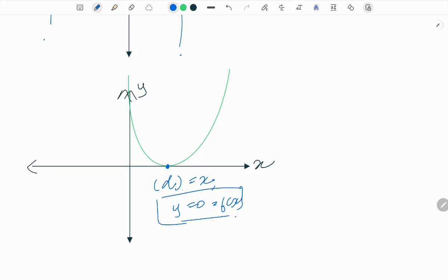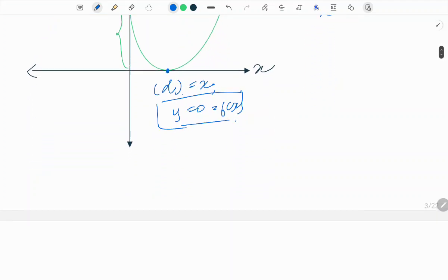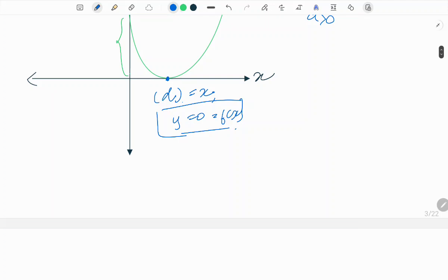So in this case, let us now identify: the y-intercept is positive, so c is greater than 0, and the graph is upward facing, that also means a is greater than 0. And the graph can go downwards as well. I shall show it to you now, like this. I'll again take this graph and put it at a point. See now, in this case, if you see this part, c is less than 0.